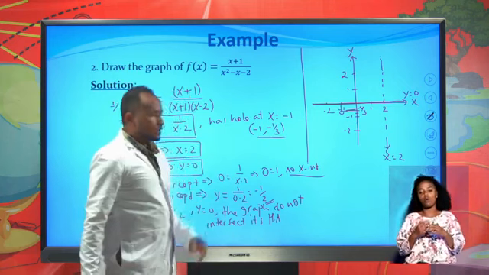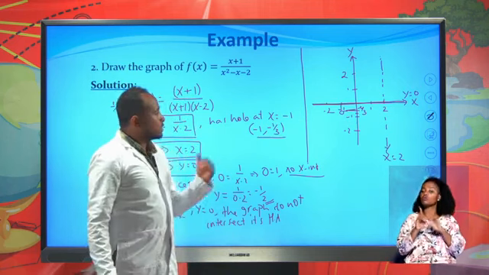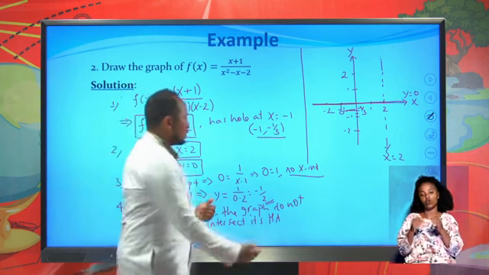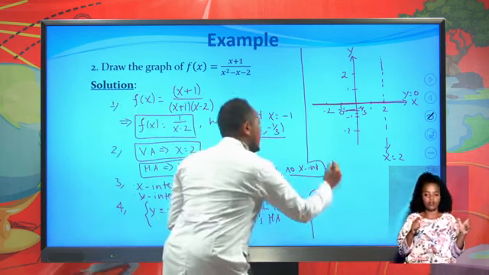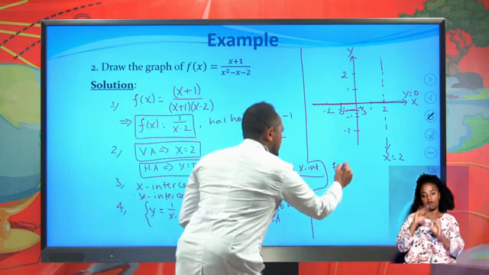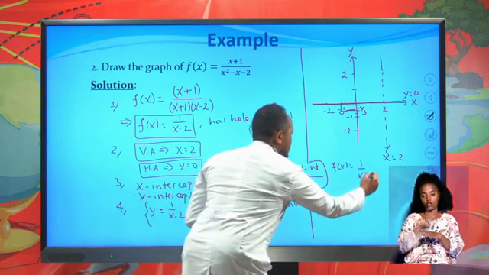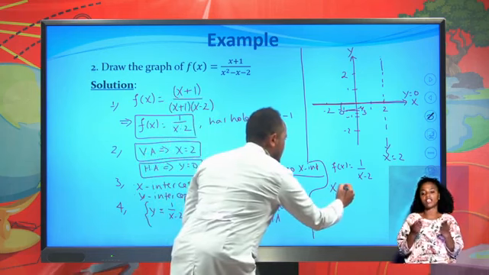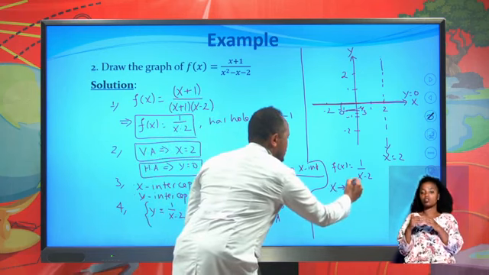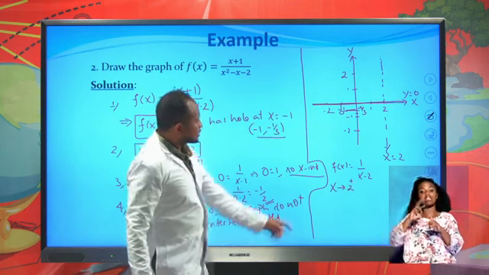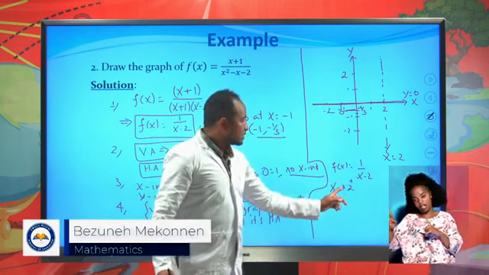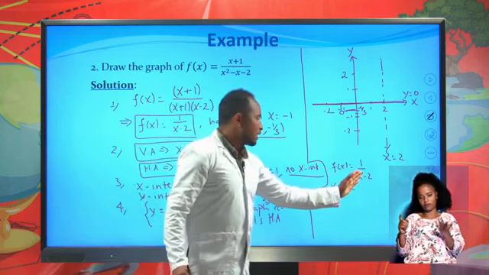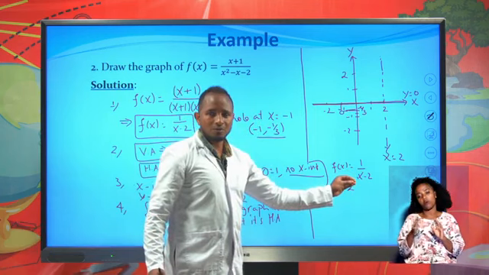So after this, what you do is you see the behavior of this function near 2 from the right and from the left. Our function is f of x equals 1 over x minus 2. When x approaches 2 from the right, this means it is 2 point something, almost 2.0001. So 2.0001 minus 2 is a very small positive number.